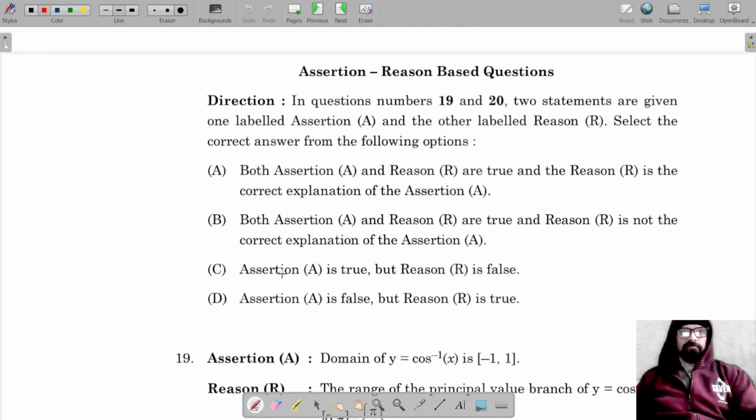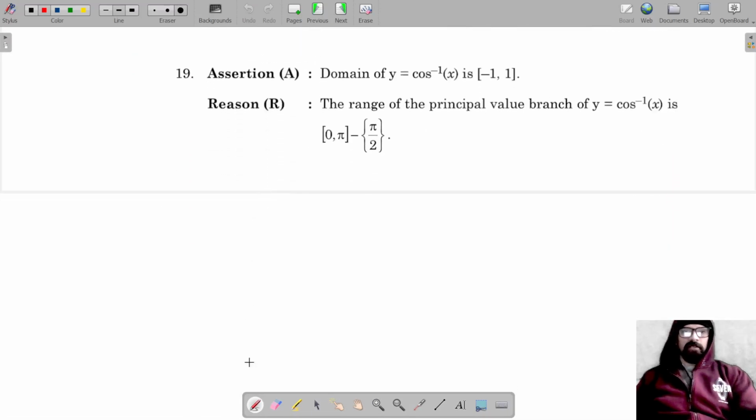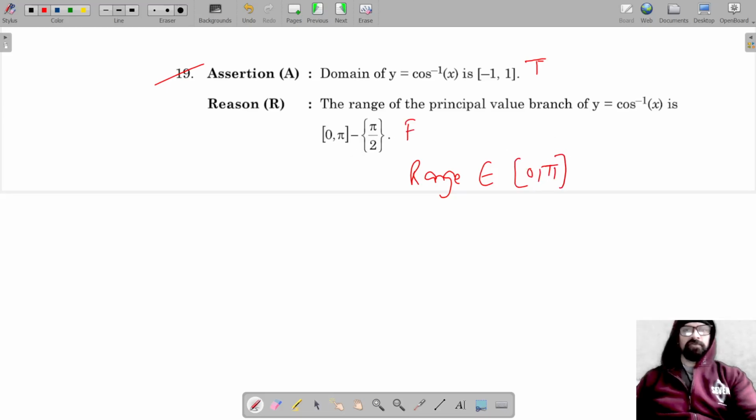Okay, for question number 19, it's assertion and reason based. Assertion A says that the domain of y equals cos inverse x is negative 1 to 1, which is true. We know that the domain of cos inverse x is the closed interval negative 1 to 1, so it's true. Now the range belongs to 0 to pi, but it's given as 0 to pi minus pi by 2, which is false.